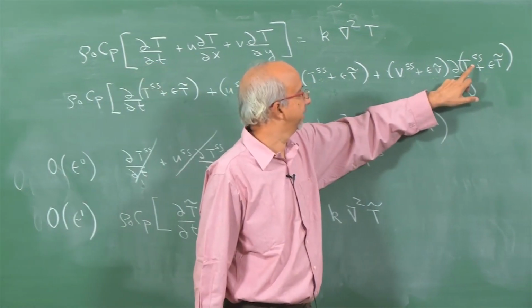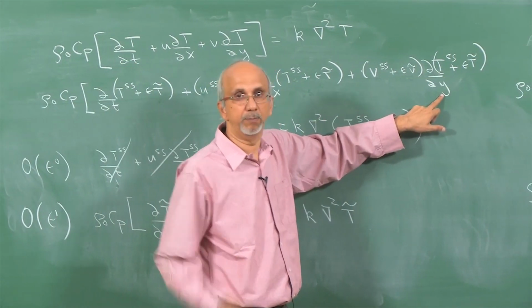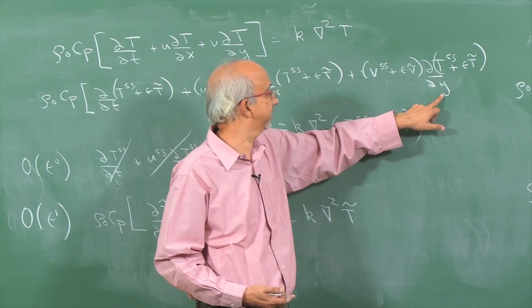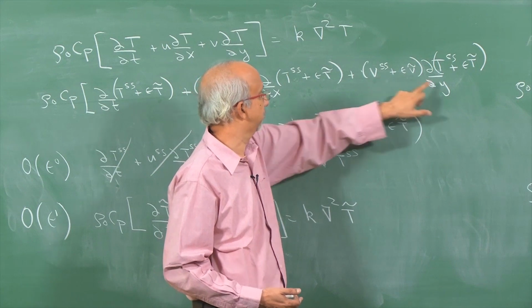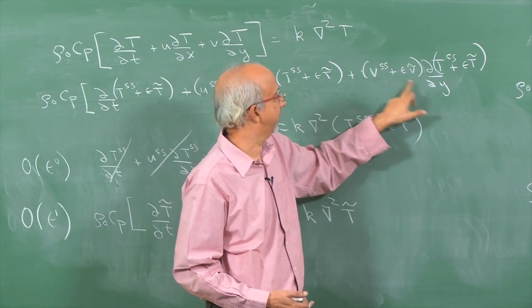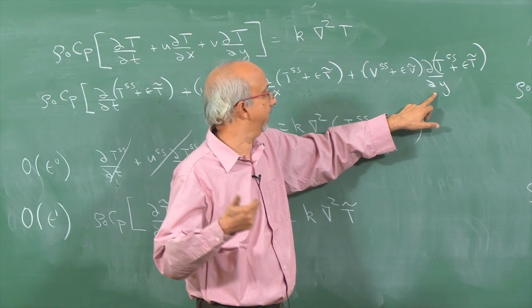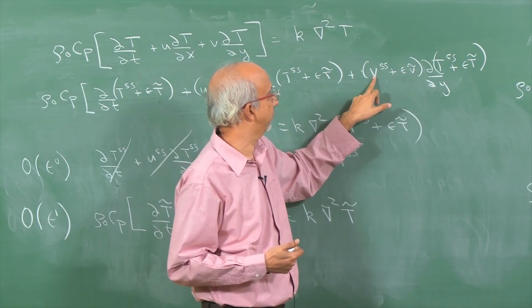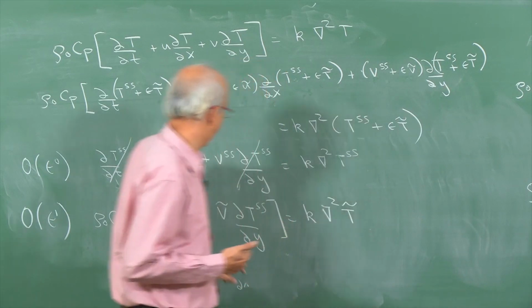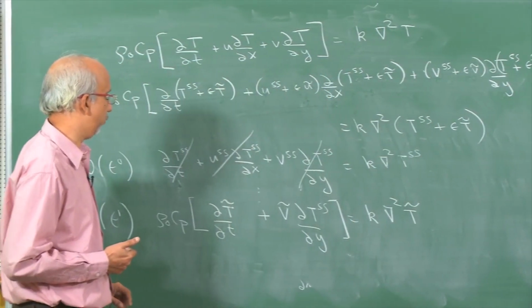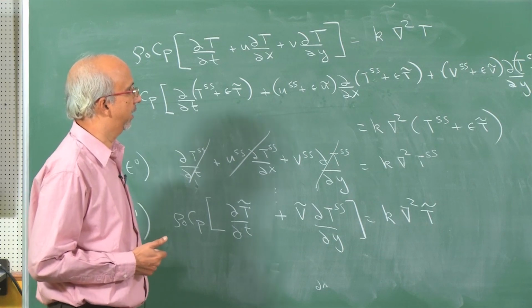However, here the steady state temperature is a function of y because I do have a linear gradient in the y direction, and when I multiply it with this term I will get an order epsilon to the power 1. This is 0 and therefore, this does not contribute to the order epsilon. So, I hope that is clear and what I have is this equation here.